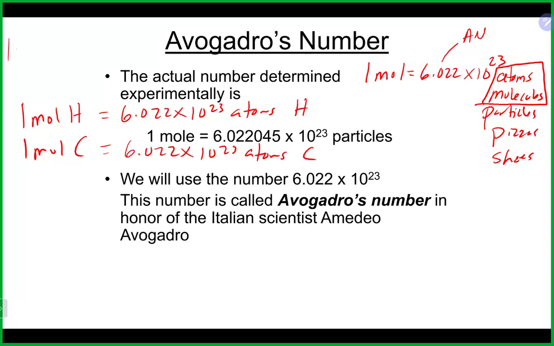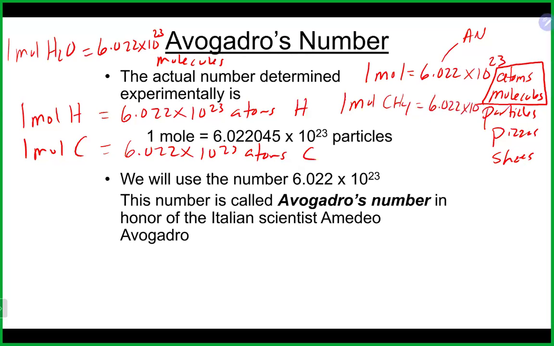If I had 1 mole of water, I would have 6.022 times 10 to the 23 molecules of water, because water is a molecule, not just an element by itself. So we use the units of molecules with Avogadro's number. If I had 1 mole of methane, I would have 6.022 times 10 to the 23 molecules of methane.